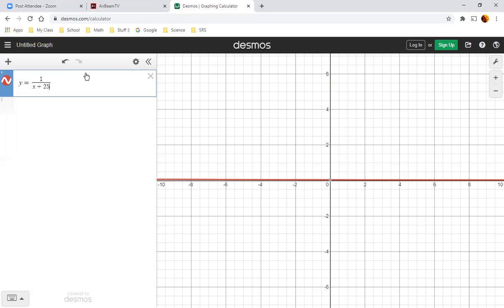The division is this slash, backslash. Okay. Yep.